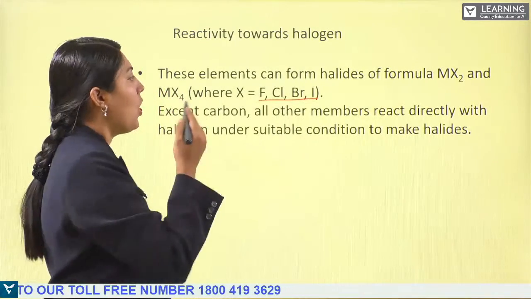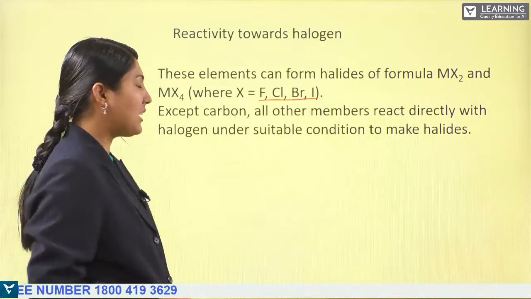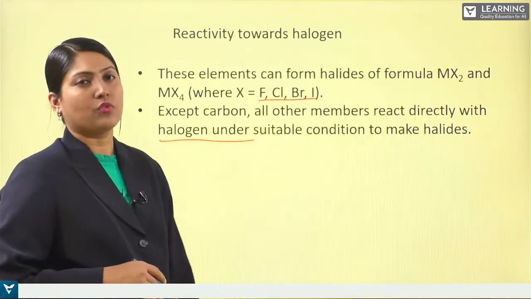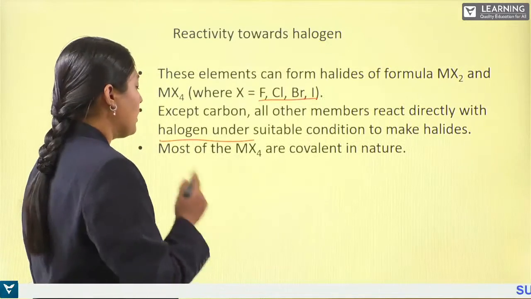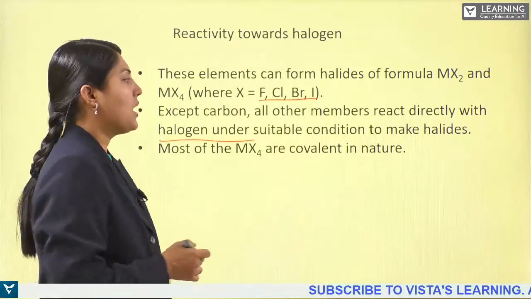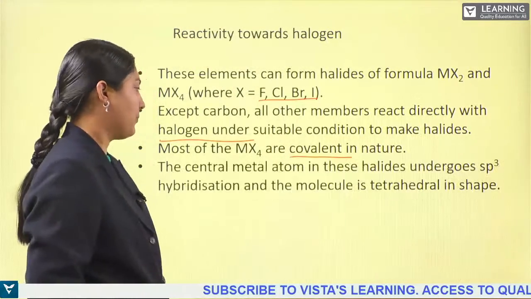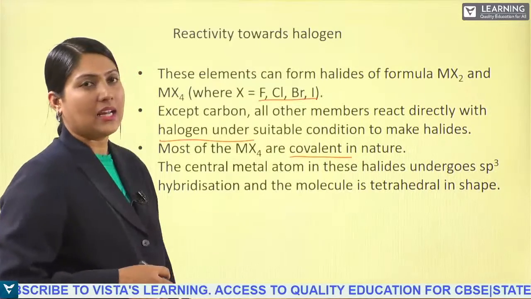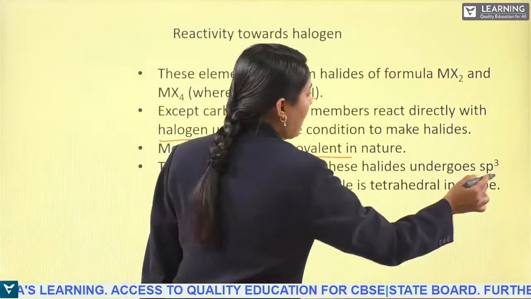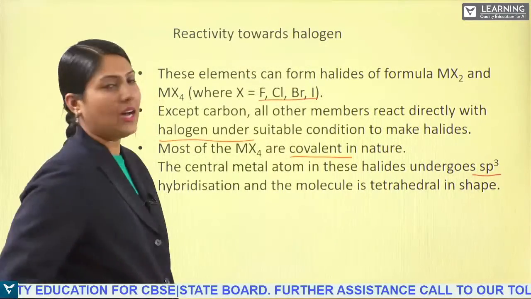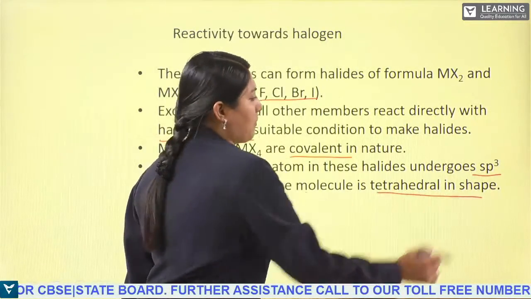Except carbon, all other elements react directly with halogen under suitable conditions to form their halides. Most of these halides of group 14 are covalent in nature. The central metal atom in these halides generally has sp3 hybridization and the molecules are tetrahedral in shape.